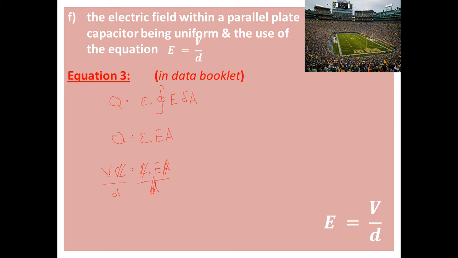And we're left with V over d is equal to the electric field, or our third equation. Electric field is the voltage, the potential difference, divided by the separation.